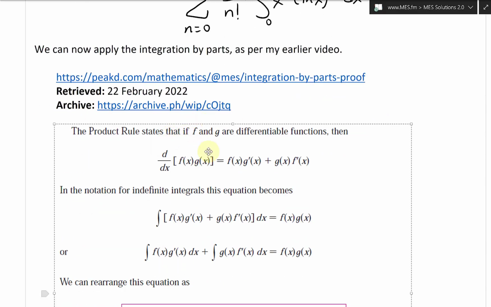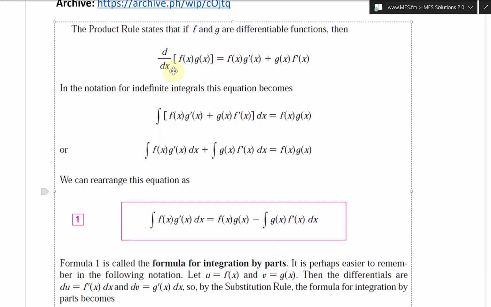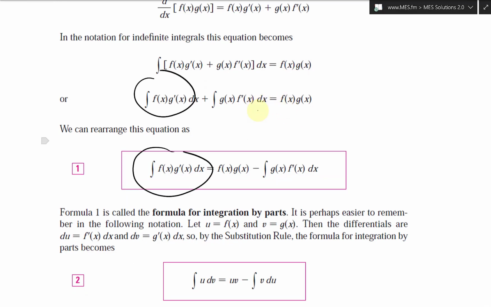And if you recall integration by parts, how it's derived: if you have the derivative of f(x) times g(x), it becomes f(x) g prime of x plus g(x) times f prime of x. Then you integrate that, and the integral of this whole thing is just equal to f(x) times g(x). And then integrate inside and rearrange, moving this over to the other side, we get this setup over here.